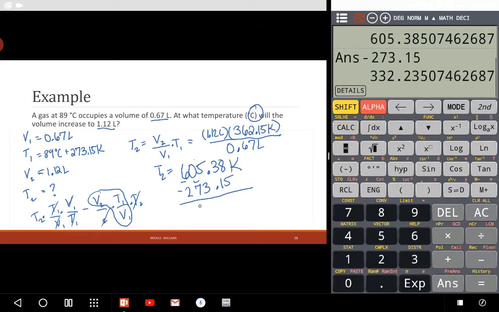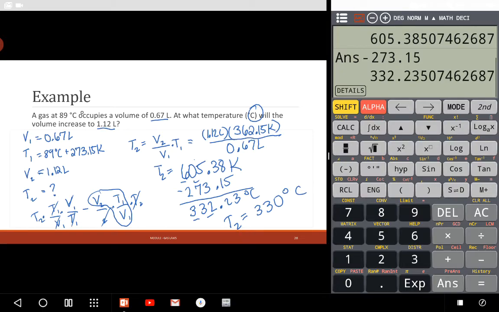And so that is 332.23, not Kelvin, Celsius. I just converted it back into Celsius. And so that is going to be T2 is equal to 330 degrees Celsius.